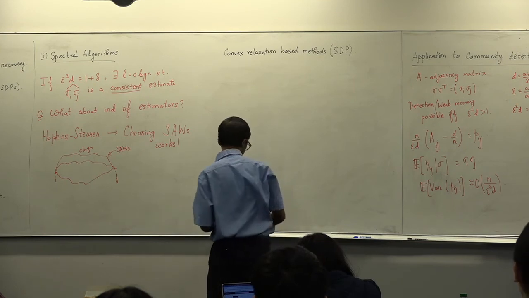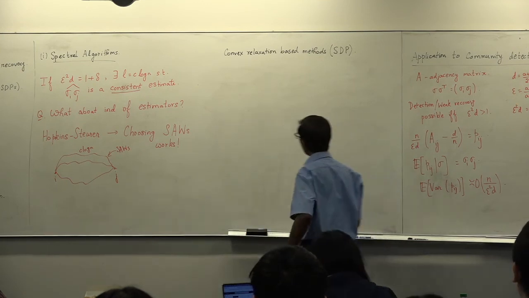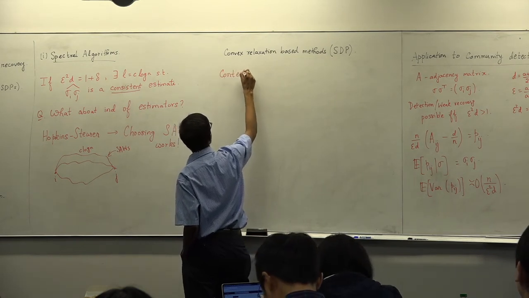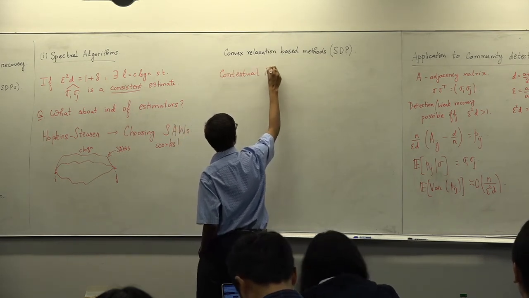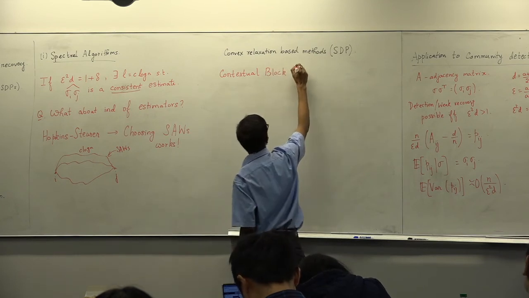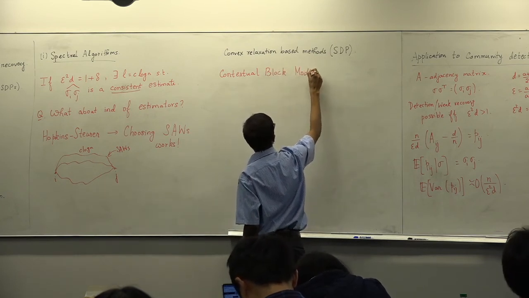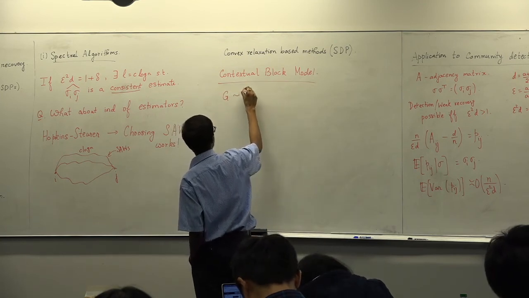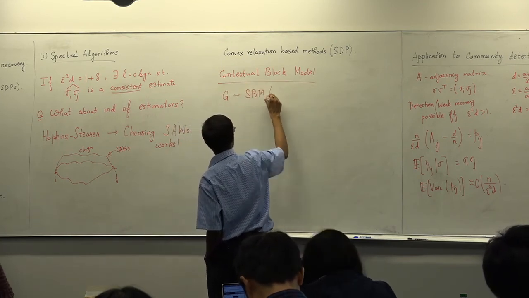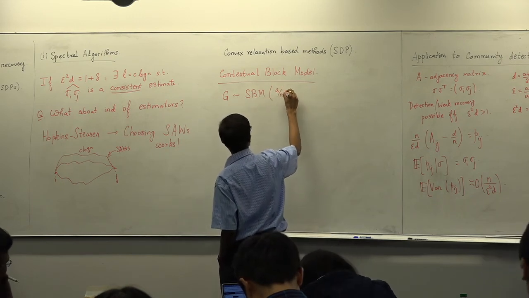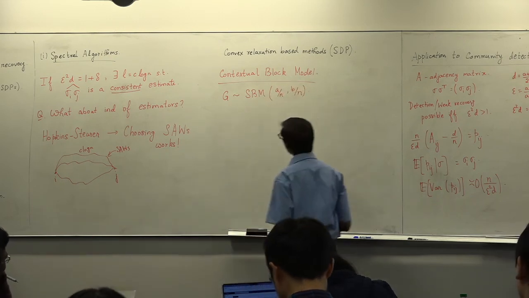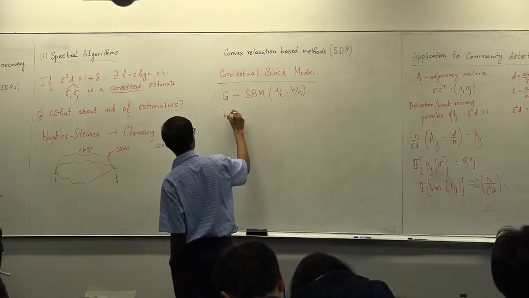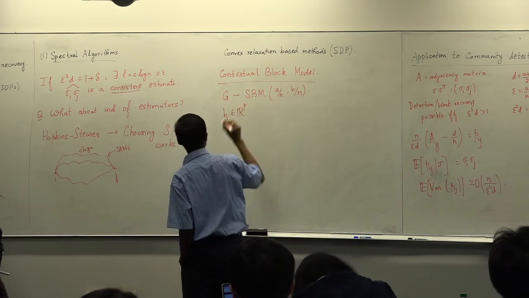So, okay, let's recall the contextual block model. Here my setting was that I have this graph that's sampled from a stochastic block model, usual two communities, edge probabilities a over n, b over n. In addition, at each node, I observe a vector of covariates b_i, which is p-dimensional.